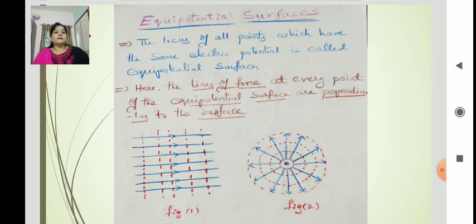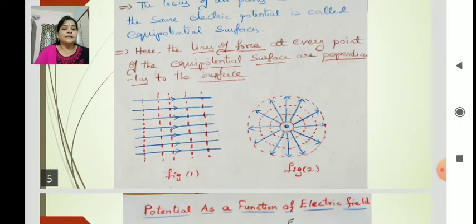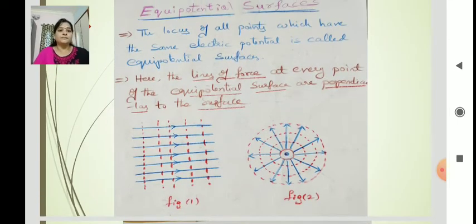This is the electric field due to a sphere. Here the equipotential surface is perpendicular to the lines of force, and the locus of all the points has the same electric potential.